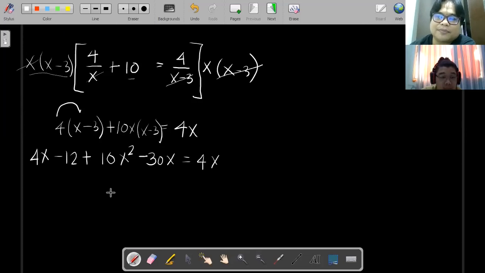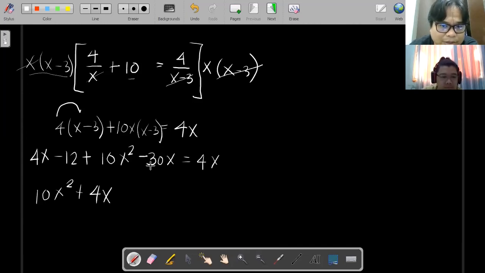Easy as that. Okay? Then the next thing to do is this. You have 4x on the right side, right? We will transpose it to the other side. And then let's combine like terms. Let's also arrange this one already. So we'll have, let's rearrange this into 10x squared and then the 4x plus 4x.